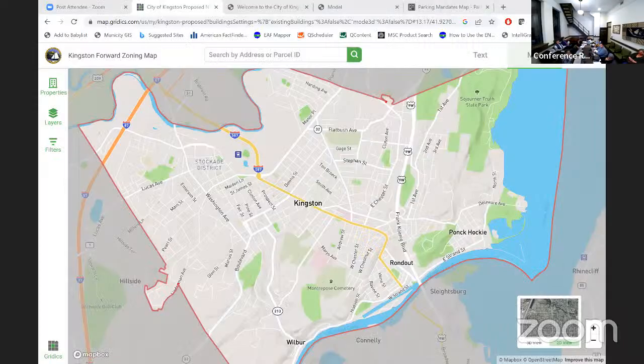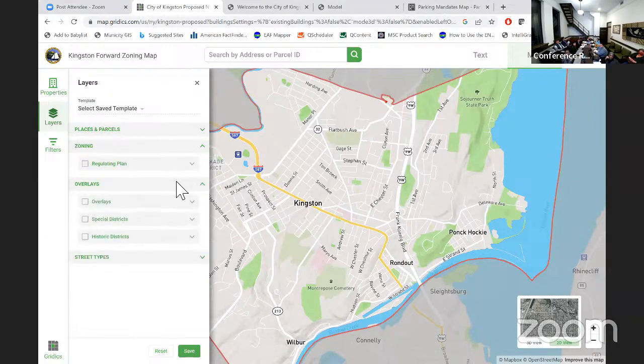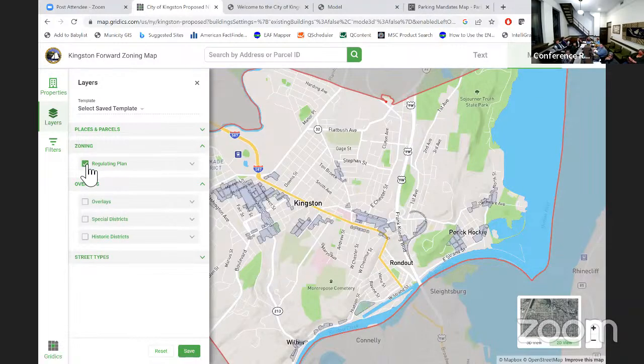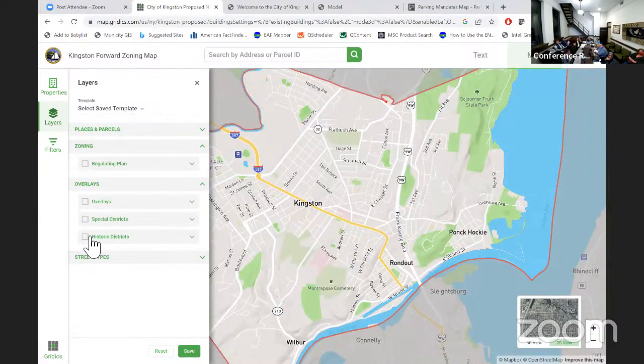I'm probably gonna put up the critics page maybe, so if you want to see specific map locations. But if you want something else up, let us know. This lets us pull up, if you wanted to see the different districts, the Fair Street District. This shows the zoning district, so historic districts.